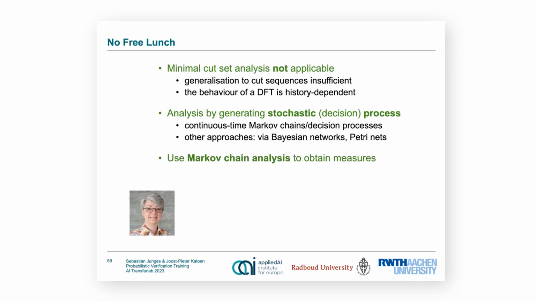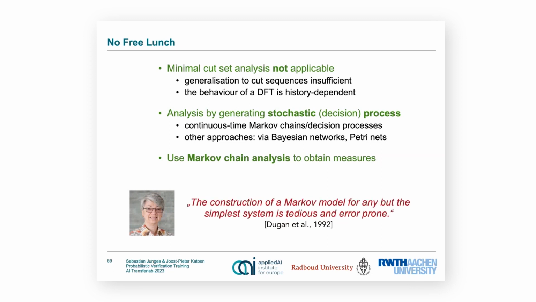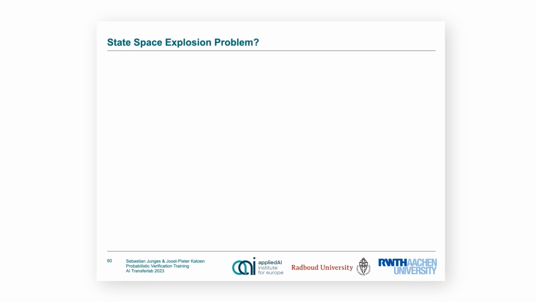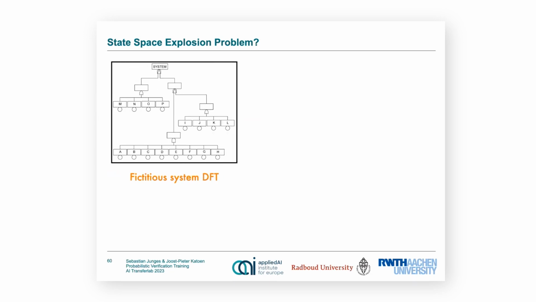Good. What Dugan already mentioned when she introduced these DFTs is that the construction of the Markov model for even a simple system is tedious and error prone. You have to be very careful about what the state space looks like, but in particular, the state space can explode very quickly.